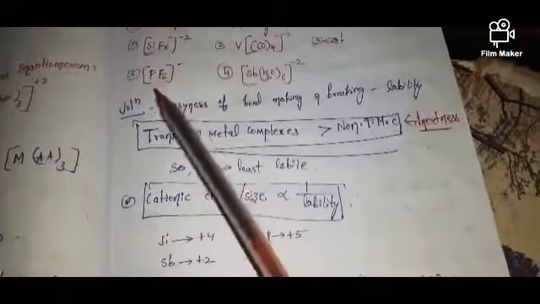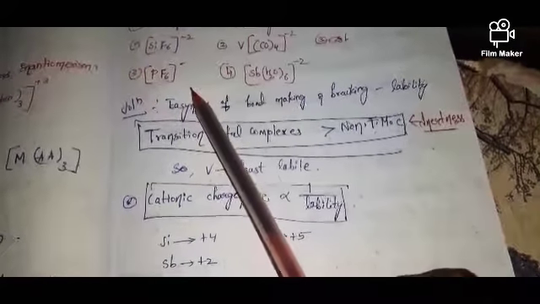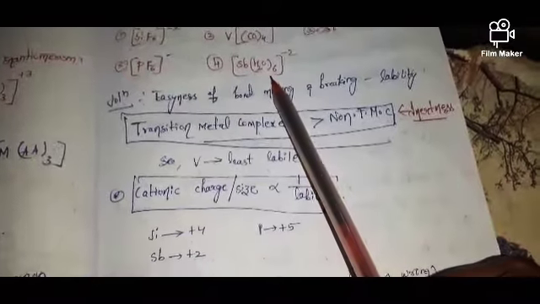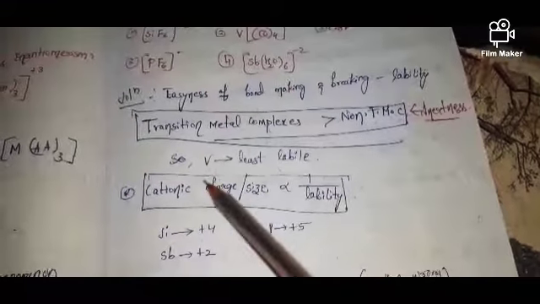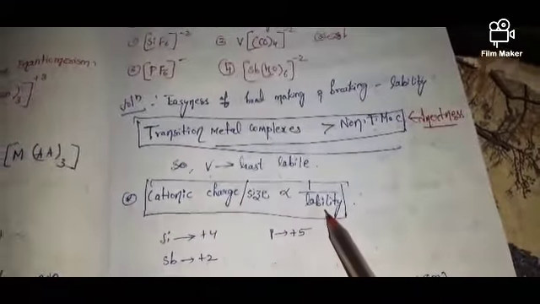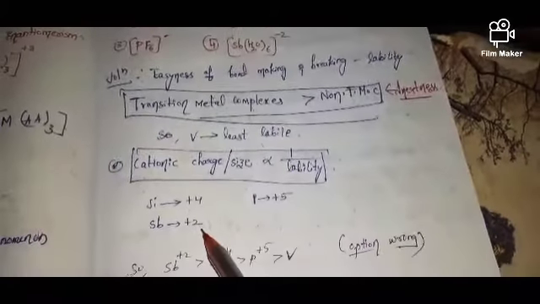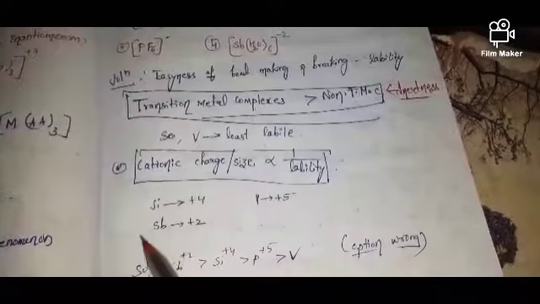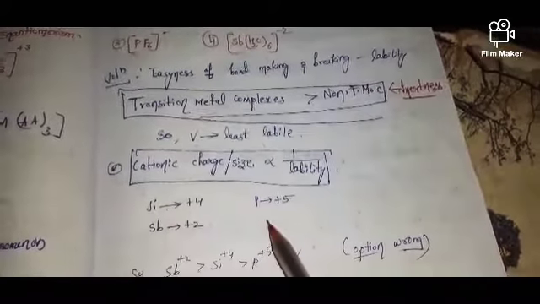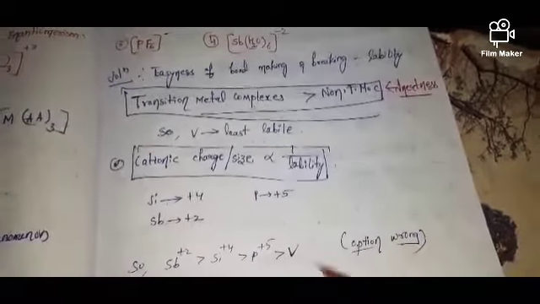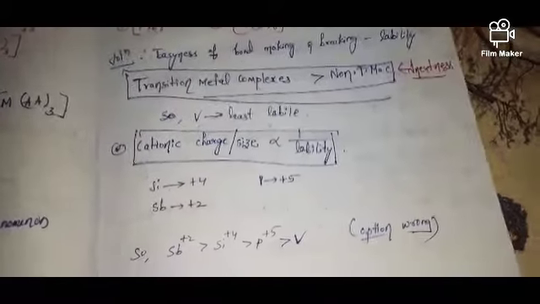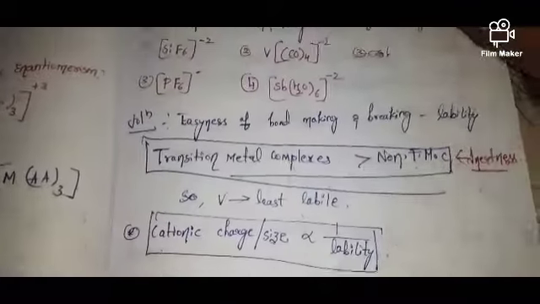Phosphorus will have a +5 charge and antimony will have a +2 charge. As the charge is more, lability is less, so if the charge is less, lability will be more. So antimony first, next silicon, next phosphorus, and finally vanadium. Hope you understood this, friends.